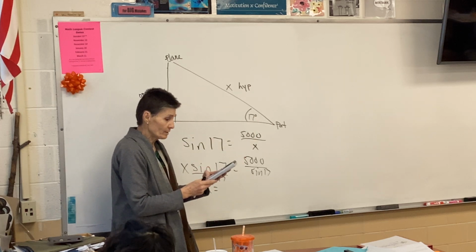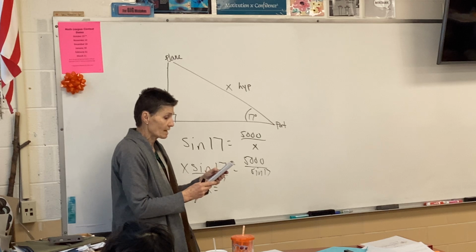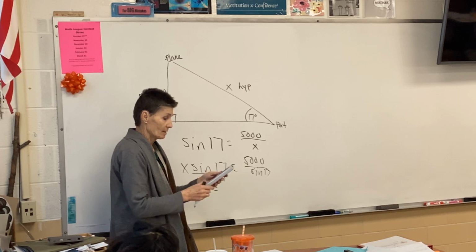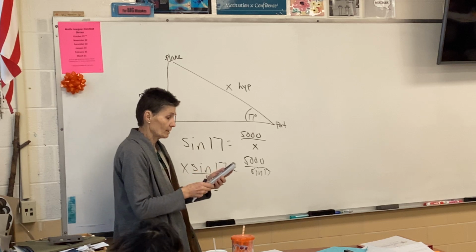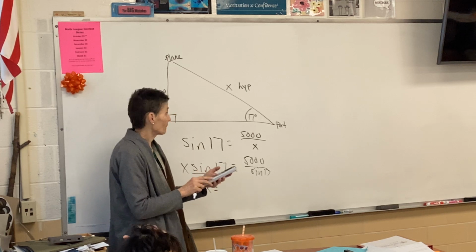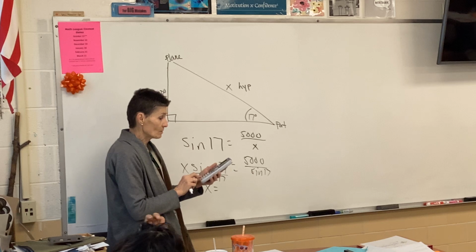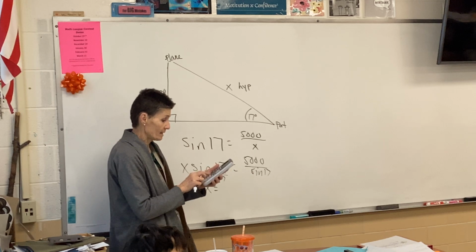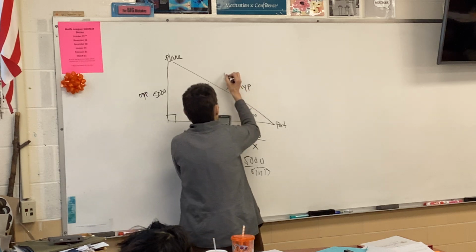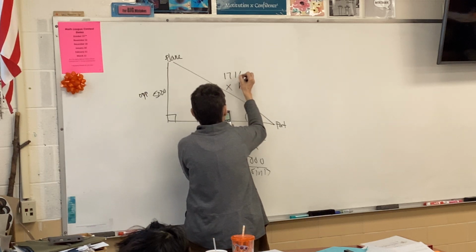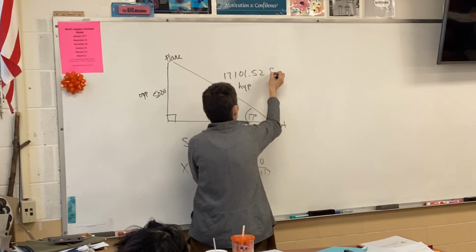So I think we're in degrees already, but let's just check real quick. Let's go to mode. Oops, I'm in radians, so good thing I checked. So 5,000 divided by sine 17. I got 17,101.52 feet. Yep.